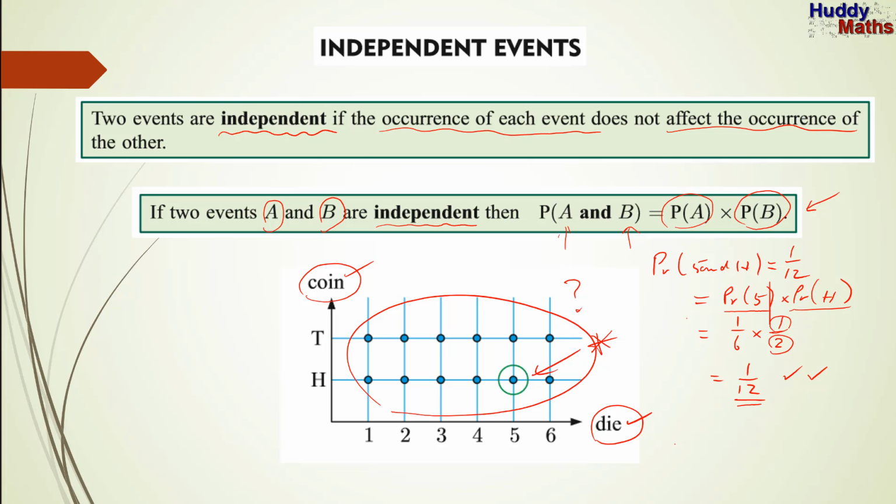So, the probability of a 5 is 1 out of 6, we agree. So it occurs 1/6 of the time. And if it occurred, it's got to be matched with a head for a coin. And that occurs half of the time. So the probability of a head is half of the time.